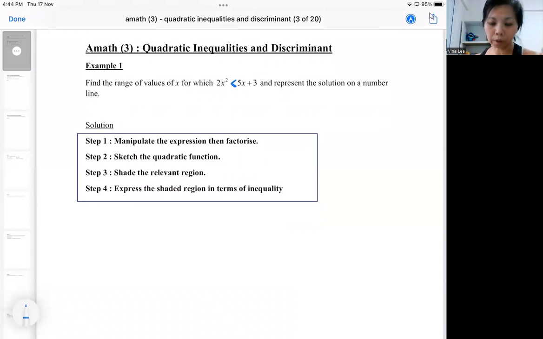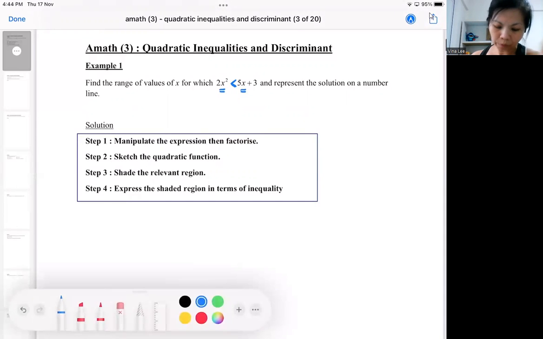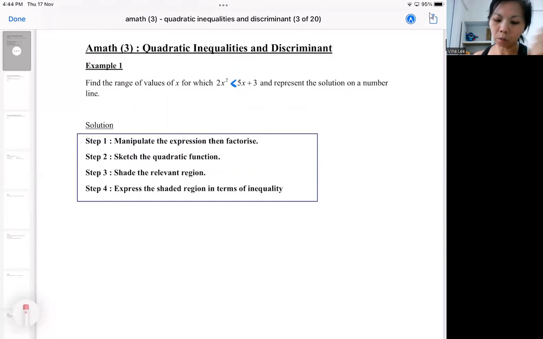And how do you know it's quadratic? Because you realize that there's something x squared, there's something x. So that is a quadratic. So with the inequality sign, it became a quadratic inequality. So in this situation, it is a quadratic inequality in x.